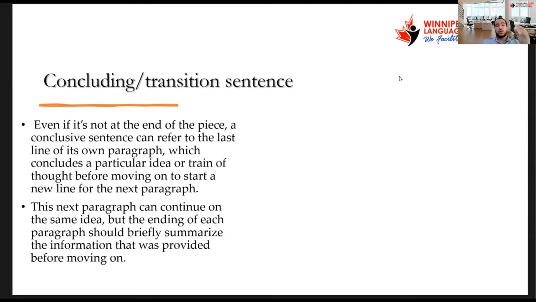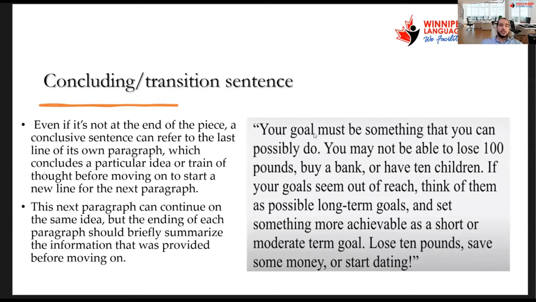And we mentioned this here when we were talking about the effects of fast food. We mentioned that it's not only our bodies that are affected, but also our minds are affected. So I, as a reader, expect that I read about how our minds are affected. And we gave an example here. I'll just go quickly through it. It says your goal must be something that you can possibly do. You may not be able to lose 100 pounds, buy a bank, or have 10 children.